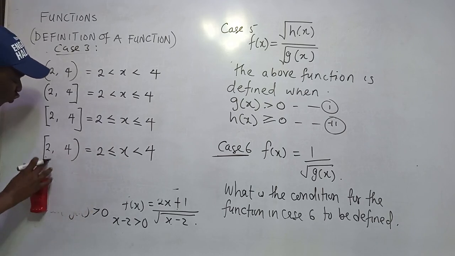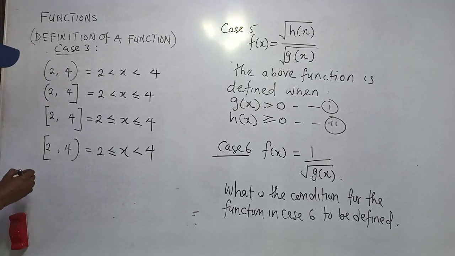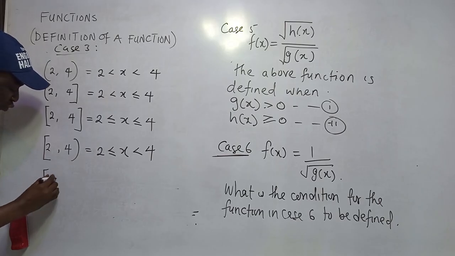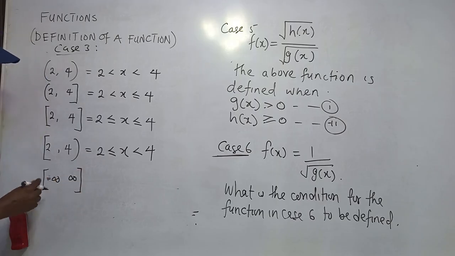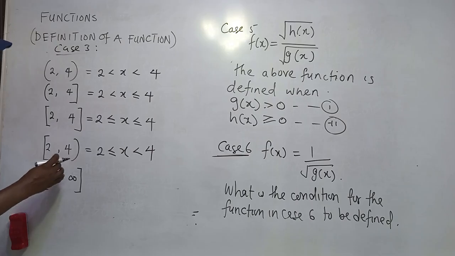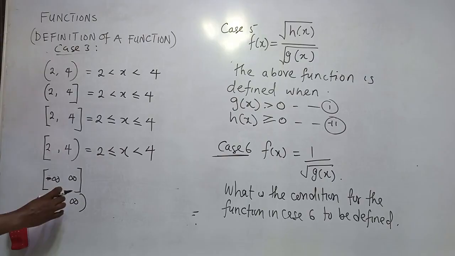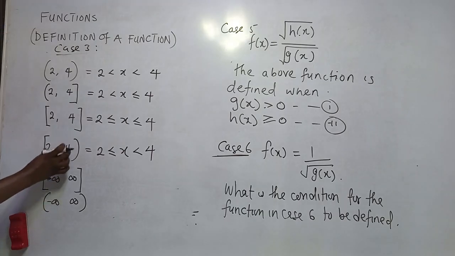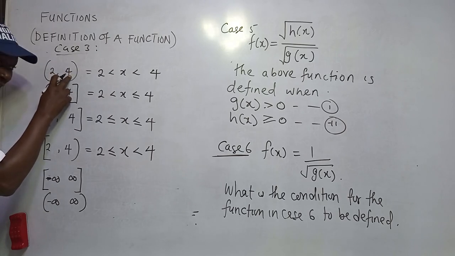And you cannot close infinity. It's not possible. You cannot have something like this. This is a mathematical tautology. So that means you are always allowed to open infinity, because it continues. And if I give you something like this, it means that 2 and 4 are not included.